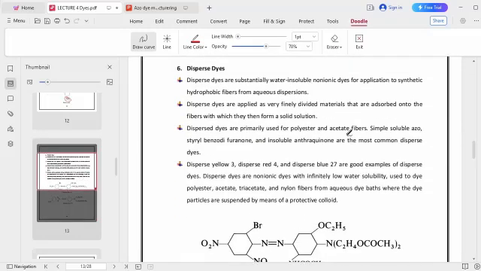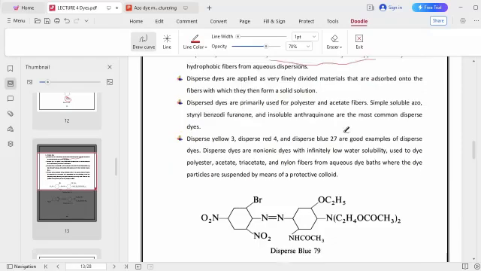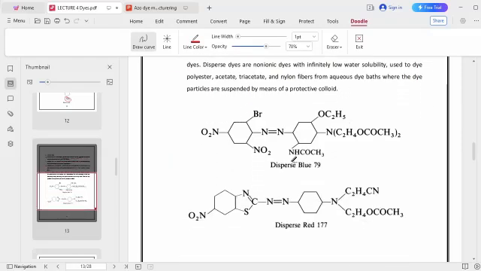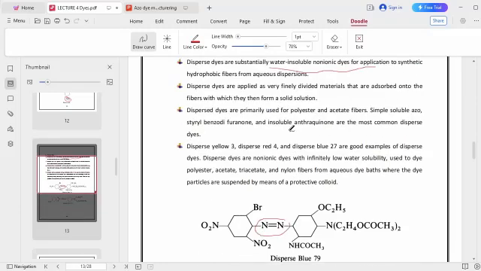We also have the dispersed dyes, and these are not soluble in water. An example is disperse blue 79. Again, it has this azo group, and they are used for polyester and acetate fibers and so forth.